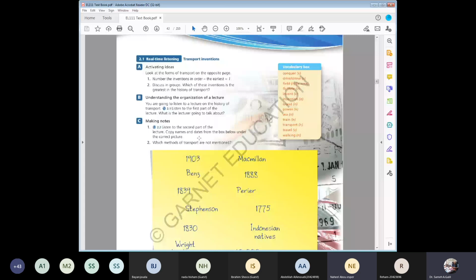So how do we do that in English? You have the adjective, and if the adjective is short, you're going to add est. That's why we say oldest, earliest, greatest, smallest, youngest. And of course, before the adjective, you have the word the.